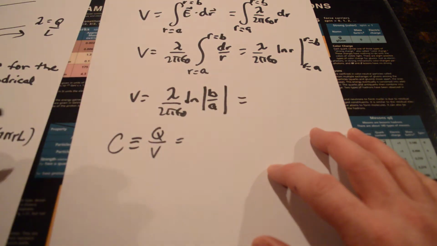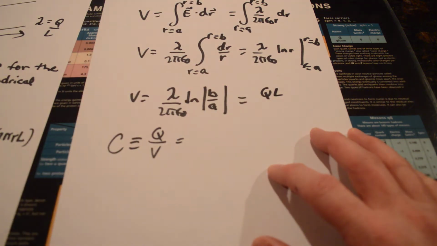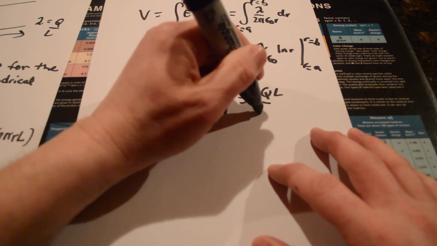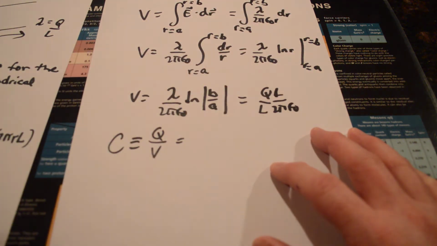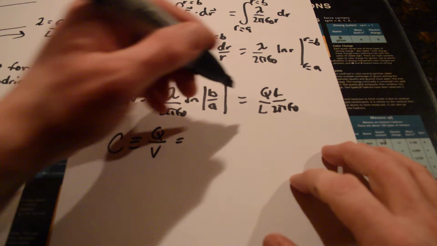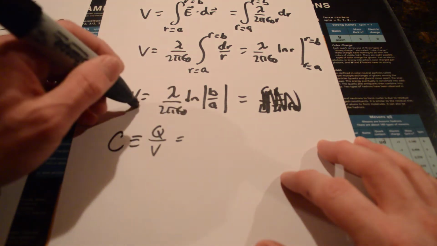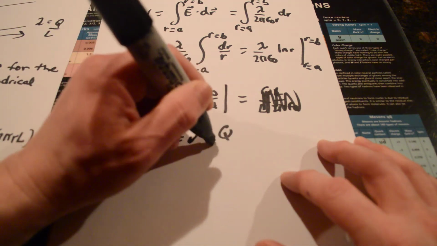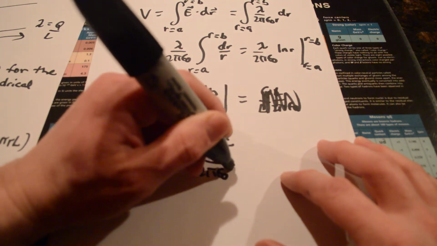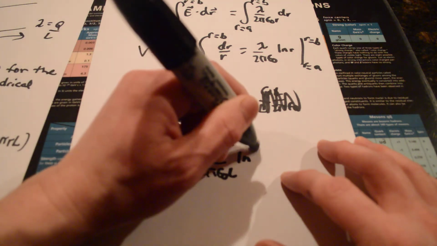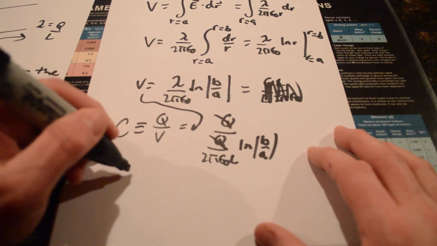So one other step would be to go back and say that lambda is in fact Q over L. Let's substitute this down here, so we have Q over 2 pi epsilon naught L times the log of B over A. The Q's cancel, because it's in the denominator.